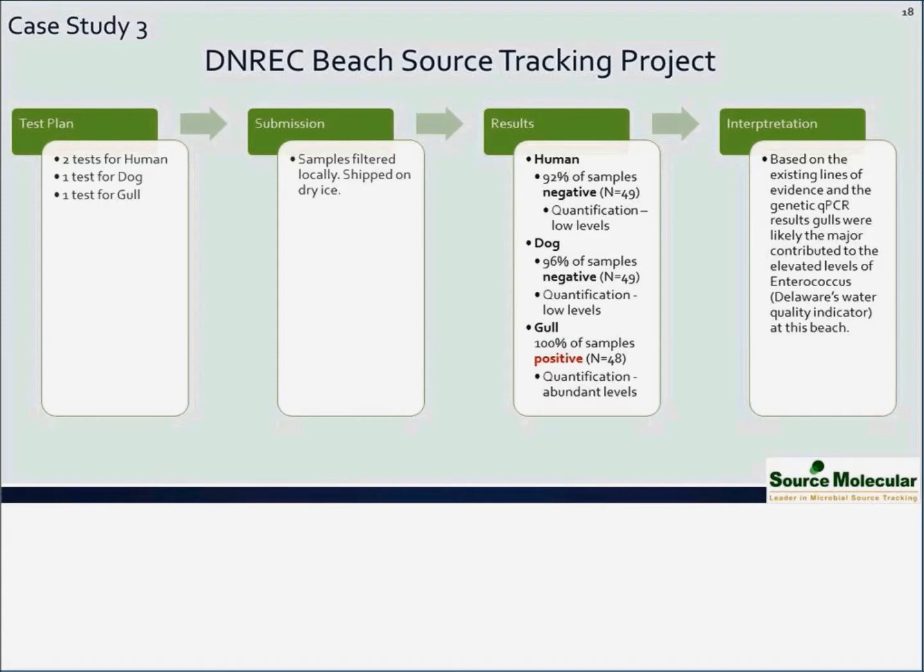They could have spent millions of dollars putting sewage lines into that community, and those levels would have still been high in spite of that investment. And so this can be a powerful tool in allocating resources within a community, which has an even more significant impact, with budgets being pretty restrained.